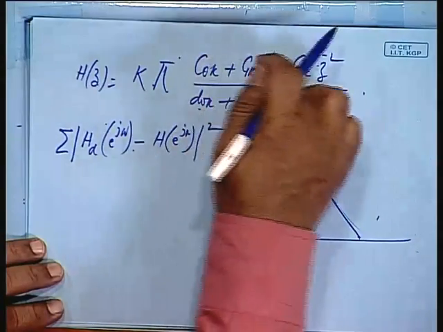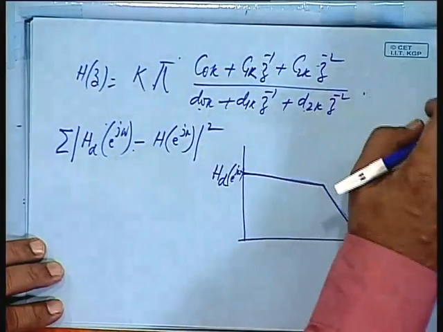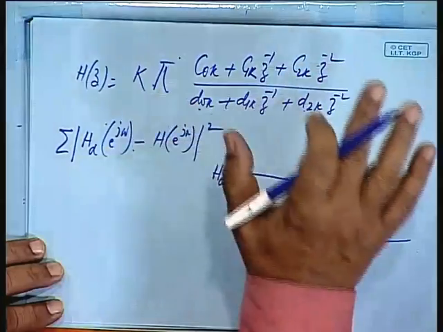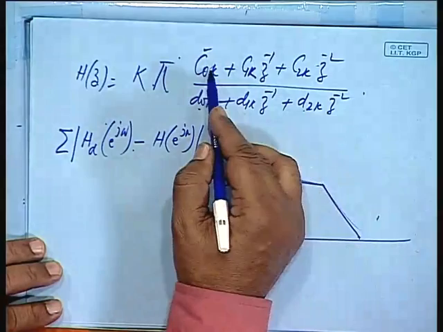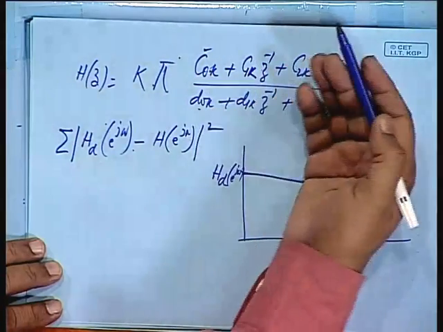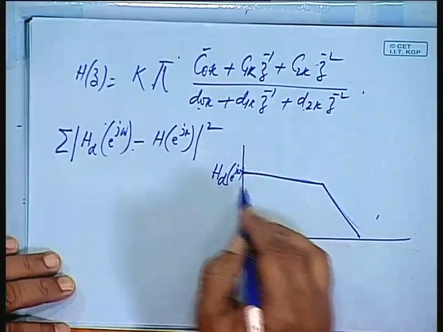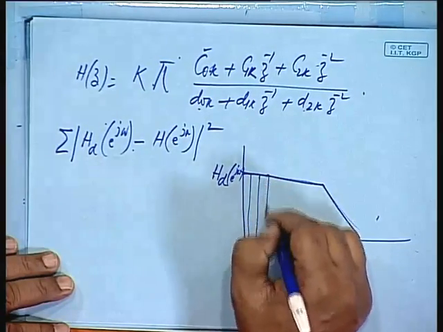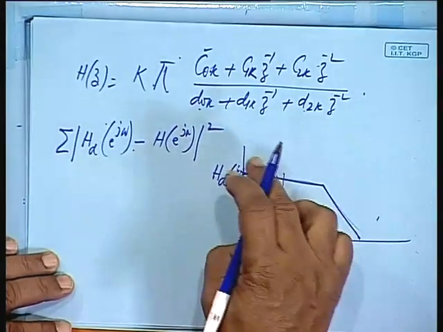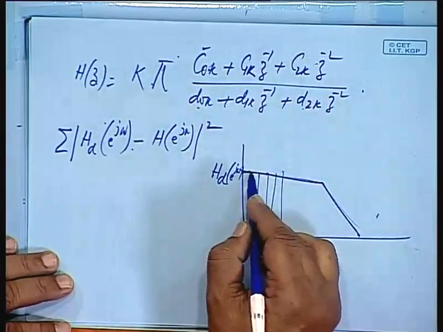We associate some initial values to start with all these coefficients. If there are 2, then 6 plus 6, 12 coefficients are to be given some initial values, and then you change one at a time, change C0k by some positive value, then again compute the error. We take discrete frequencies like this, calculate the magnitude that is evaluated from here and the given magnitude.